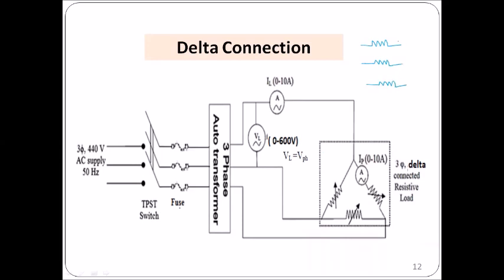That is, if this is RS, RE, YS, YE, BS, BE, right? So this end is connected to the starting, this end is connected to the starting. The only change, since we have to measure the current, is that between these terminals we have the ammeter. So let us look at the actual circuit connection.